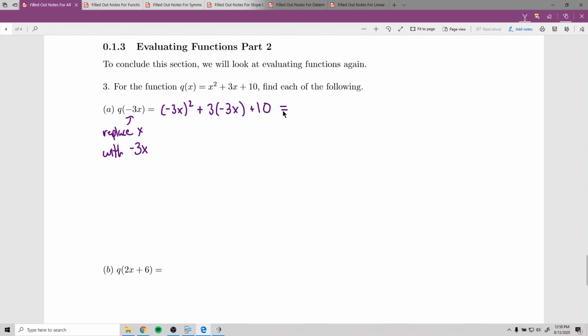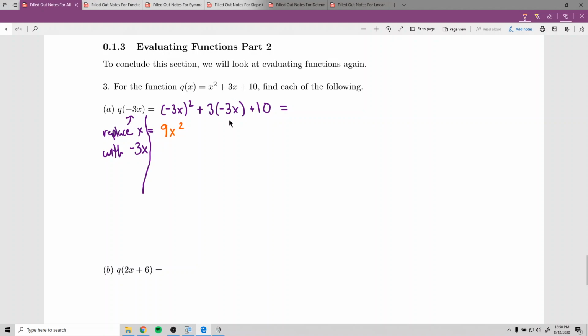Now you want to simplify. But the first part here, (-3x) squared. If you do negative 3 squared, you get 9. And if you do x squared, that's just x squared.